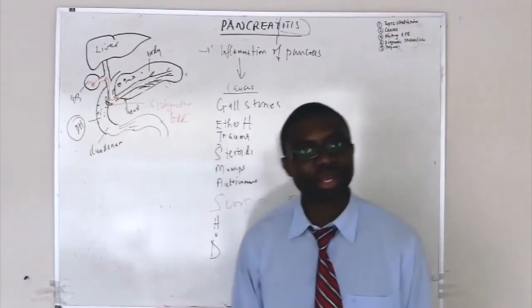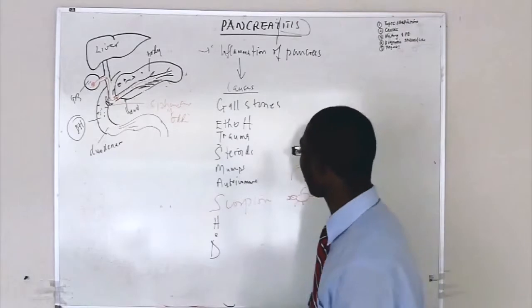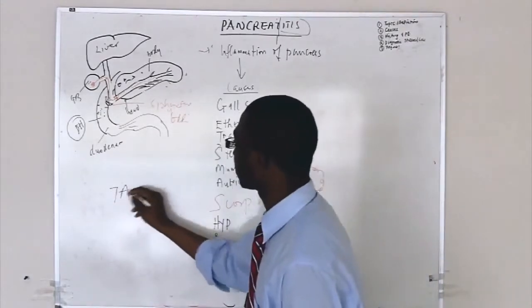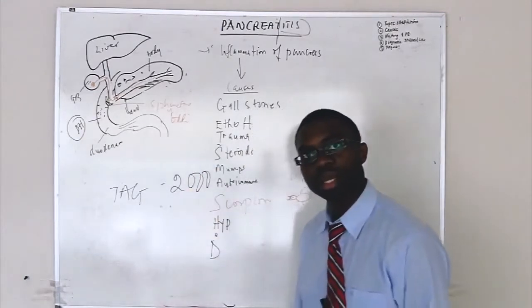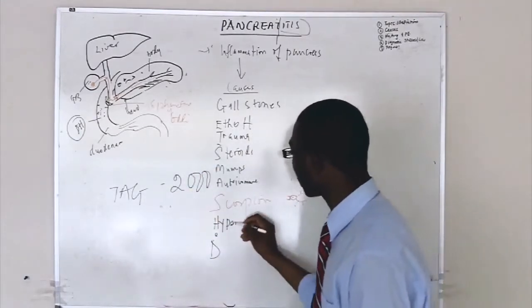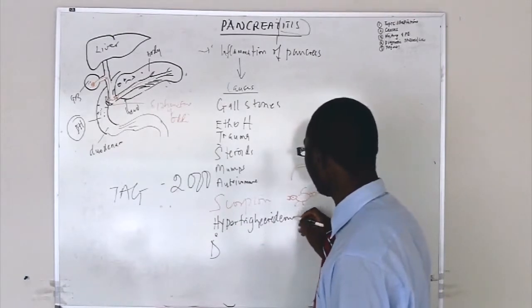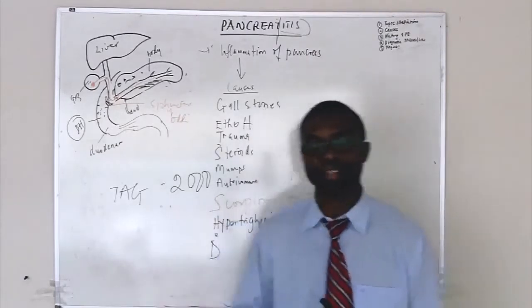He doesn't drink. However, somebody said, how about we check his cholesterol level? And all of a sudden, he has triglycerides of 2,000. Jeez, that just gave us the answer. He has hypertriglyceridemia. A lot of triglycerides cause pancreatitis.